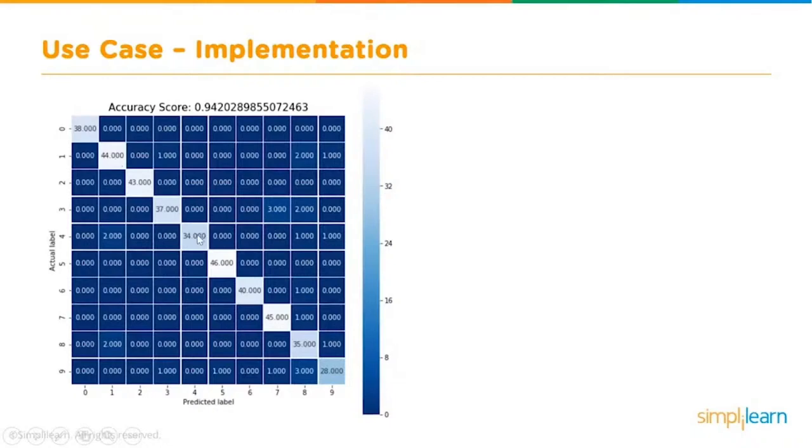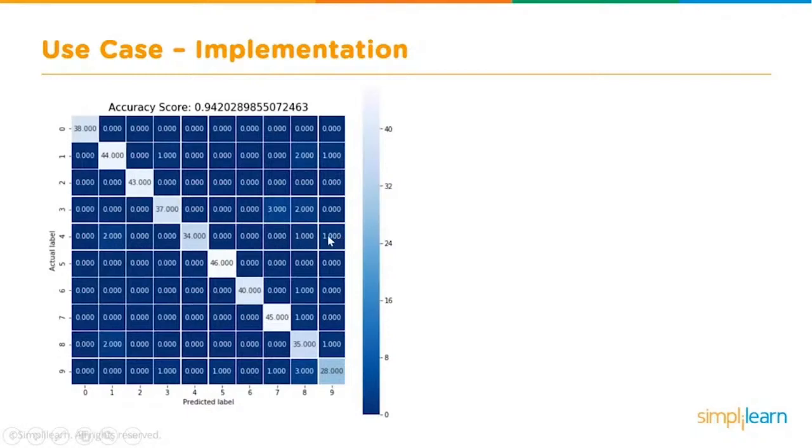If the maximum number is here, in this case it is 34, which means that 34 of the images that have been fed, or rather actually there are 2 misclassifications in there. So 36 images have been fed which have number 4, and out of which 34 have been predicted correctly as number 4, and 1 has been predicted as number 8, and another one has been predicted as number 9.